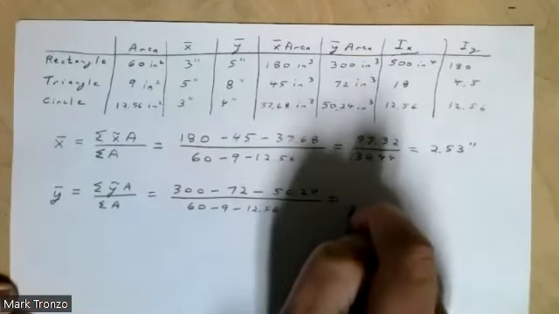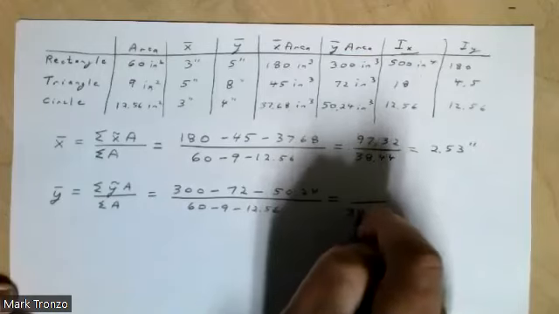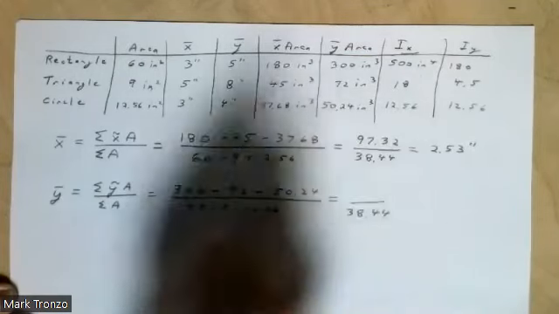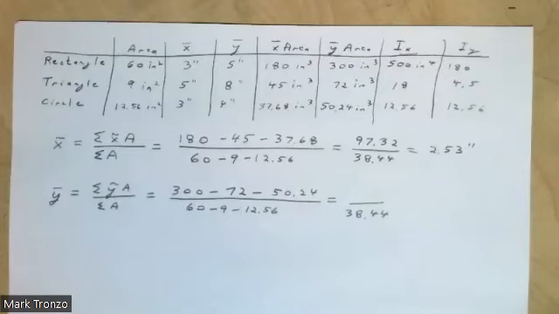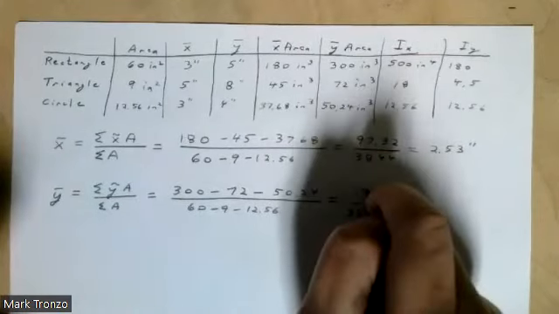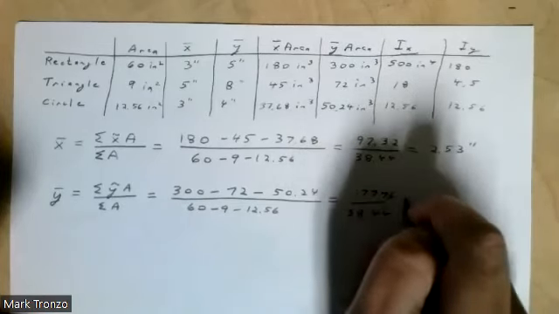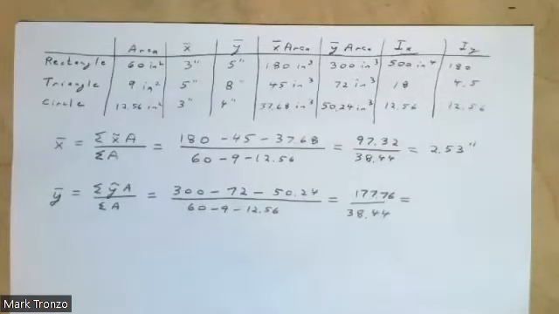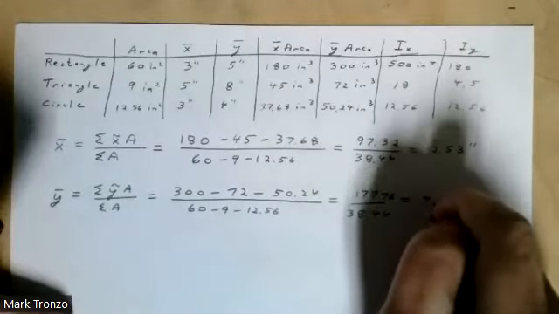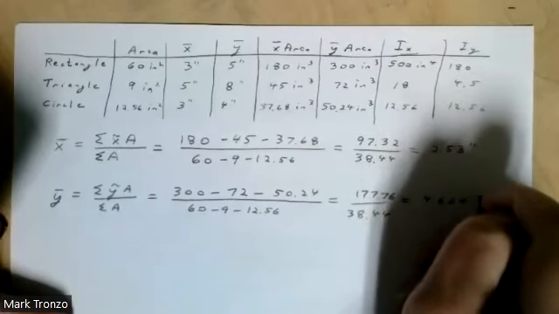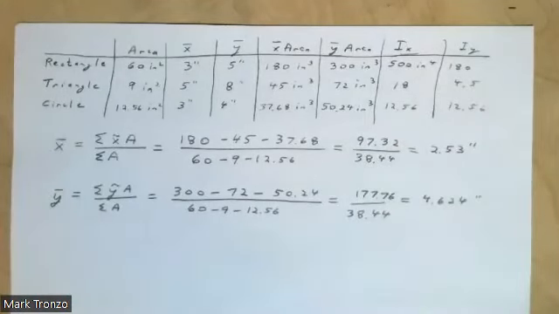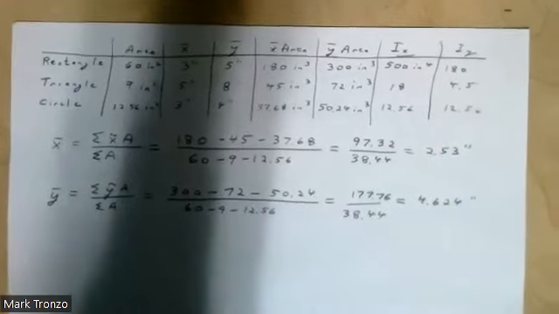Let me just write it down to make it clear. So if we sum these up, I got 4.624 inches. So those are the centroids.